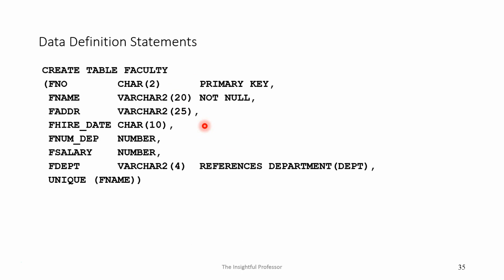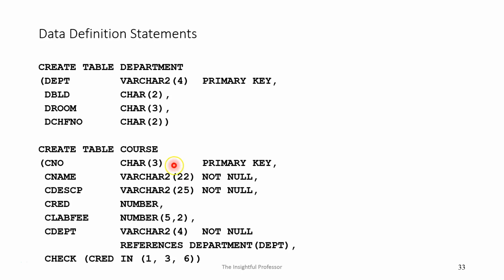And I can't very well say, let's create faculty, here's the primary key, and here's the foreign key that references department, if I've not yet created department. So how could I ever get these two tables created? The way we do it is we withhold a little bit of information and say, I'm keeping a secret from you that DCHFNO is a foreign key.